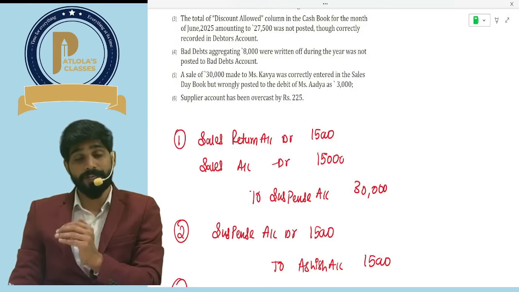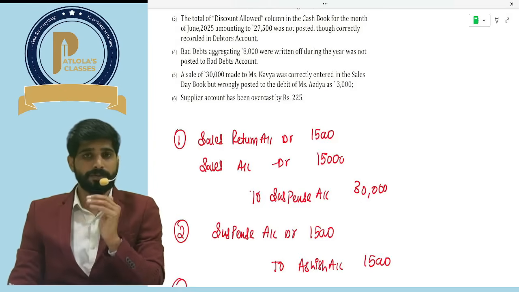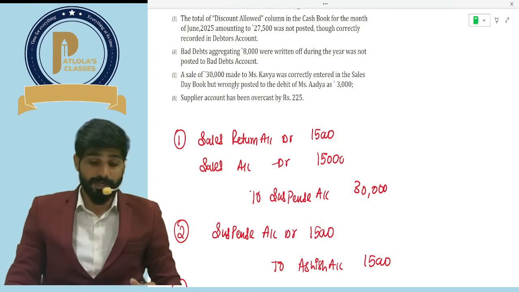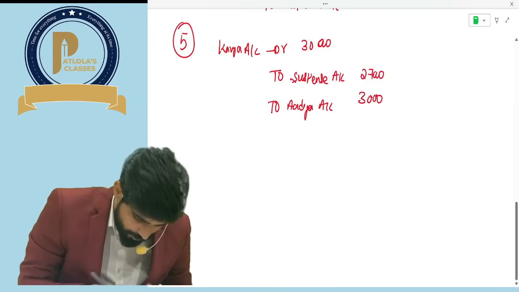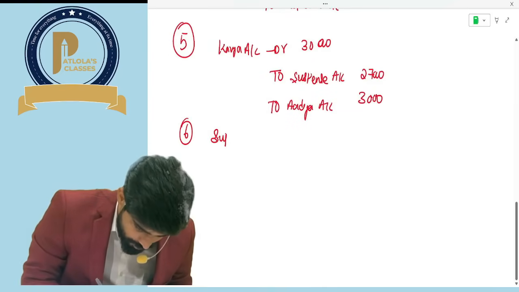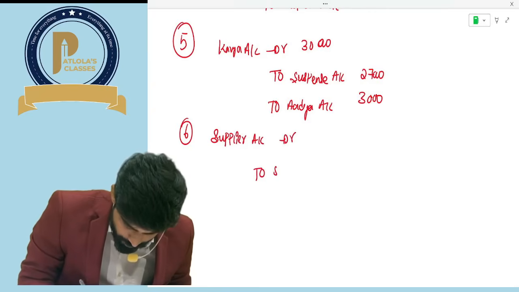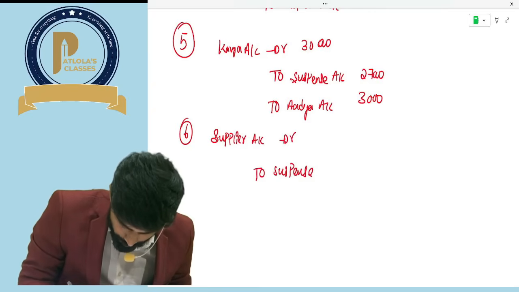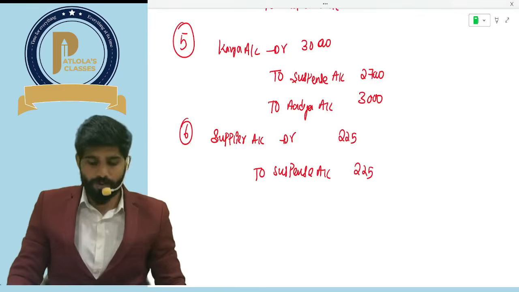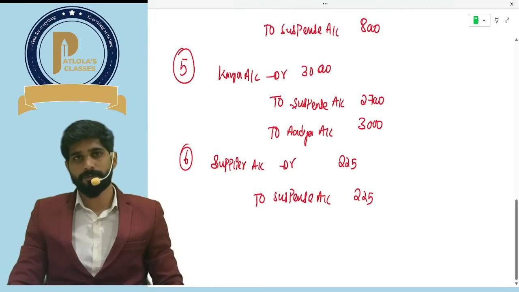And in order to reduce, the supplier account should be debited. So the rectification entry will be supplier account debit to suspense account. How much? 225. Hope this question was clear for all of you.